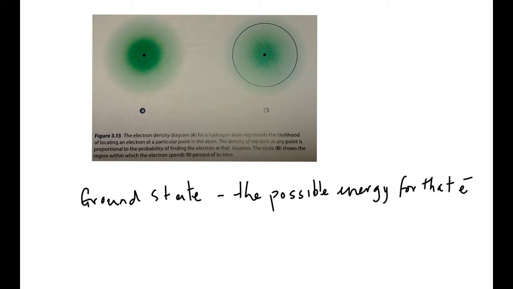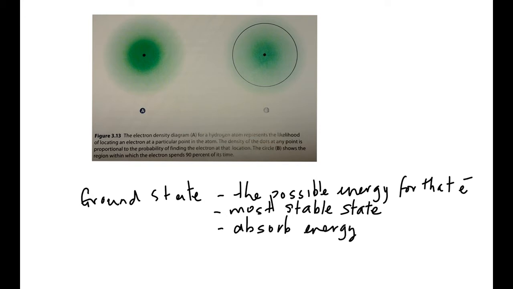It is the most stable state, and it can absorb energy at this level and move to a higher energy level, and at that point it becomes excited. So you're either in the ground state on the energy level where you're most stable, or you're excited, you've been bumped to a higher energy level because you've absorbed some energy.